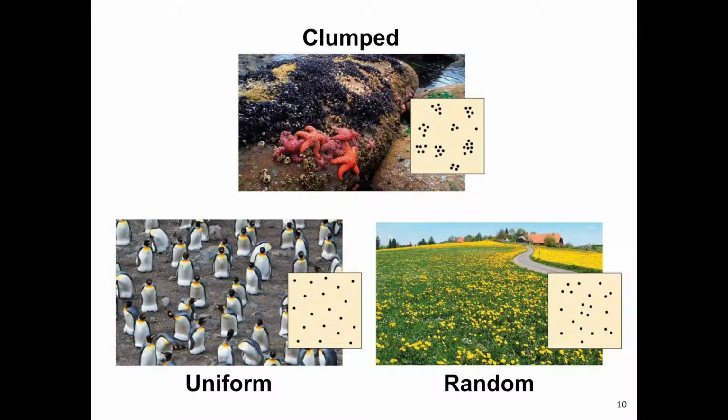That is, a new individual has an equal chance of occupying any position within the range, and the location of one individual has no influence on where the next will occur. Sometimes, however, resources are distributed in patches within that space, or the chances of a new individual's survival are enhanced by the presence of other individuals. In these circumstances, those populations may be clumped, with individuals clustered together around those resources.